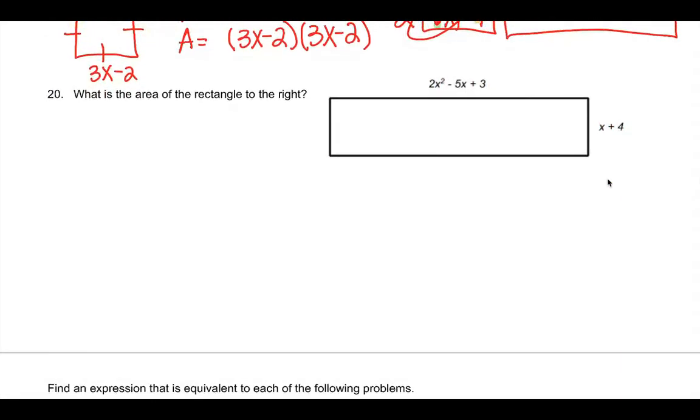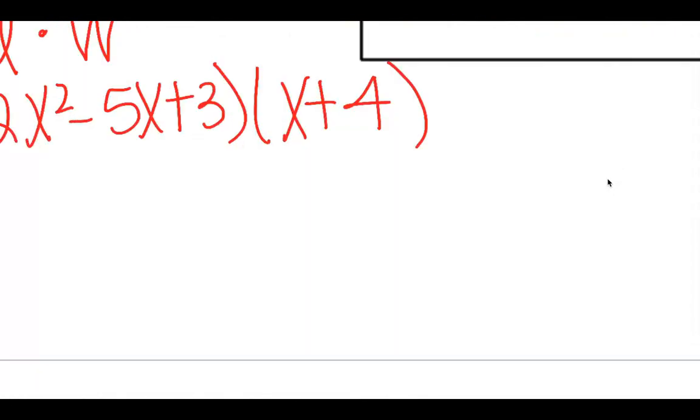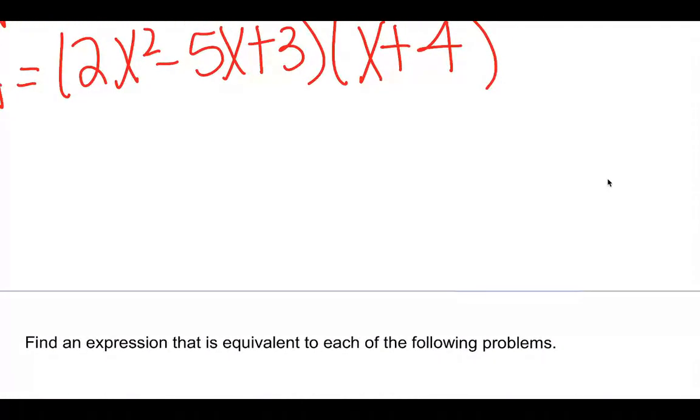Okay, what is the area of the rectangle to the right? So again, we're doing length times width. Where we've got length is 2x squared minus 5x plus 3 times x plus 4. So I need to do a 3 by 2.